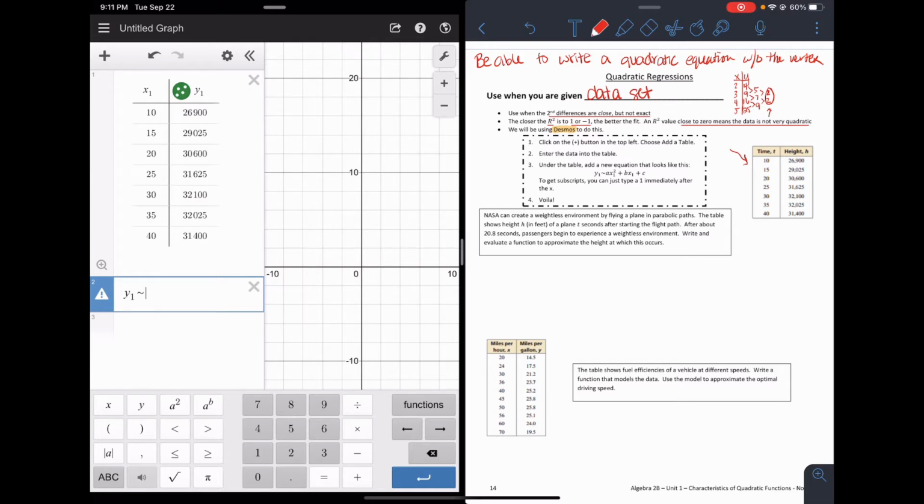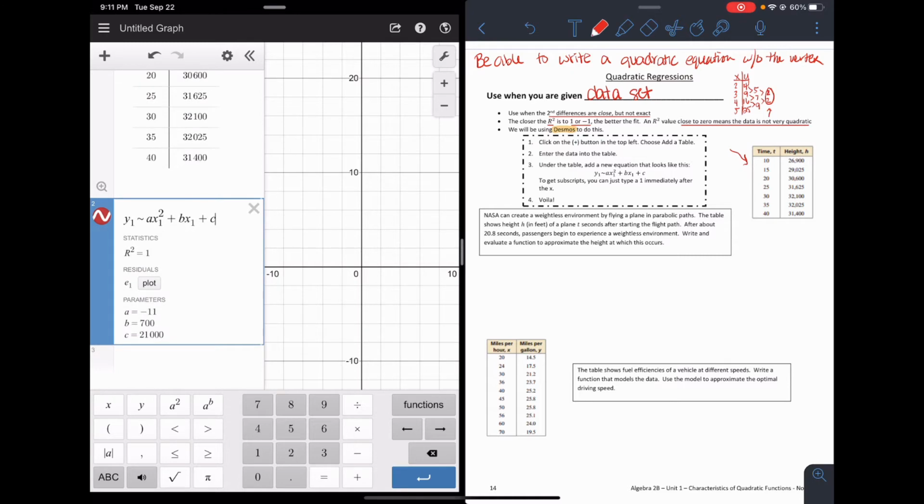It's right next to the 1 key or above the 1 key, depending on your keyboard. And you just have to hit shift to get it. You want that little squiggly. And then we're going to type in ax1 squared, all right? You can either use that shift 6 trick or the little exponent button in the bottom, plus bx1 plus c, okay?